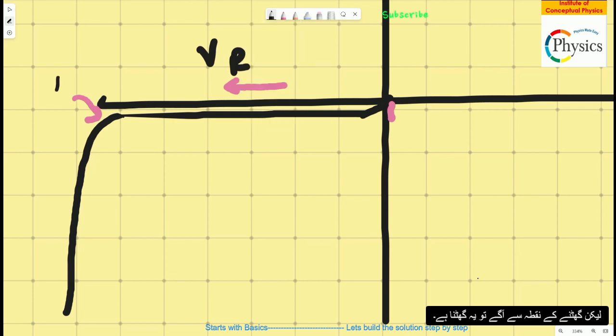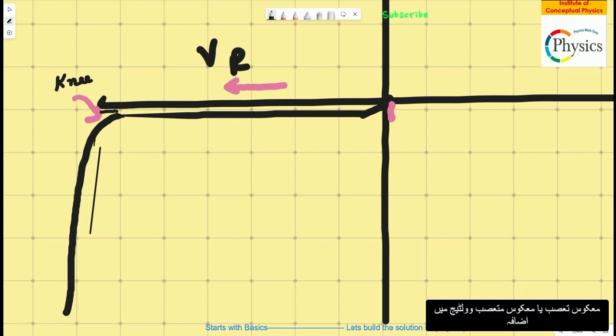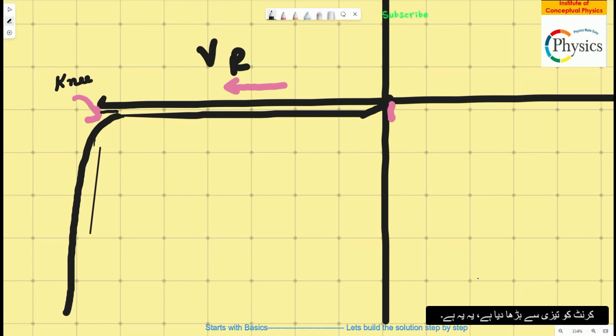So this is the knee. You have a knee, your legs have two knees, right? So this is your knee, and then there is an exponential increase in the current, but the reverse voltage has not gone up tremendously. But in this region, a minor increase in the reverse biased voltage has increased the current exponentially.